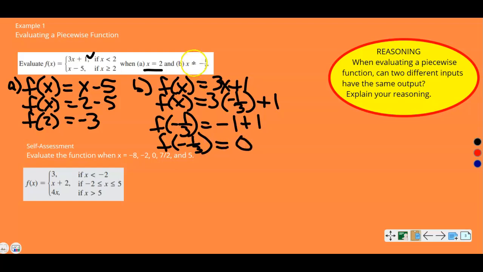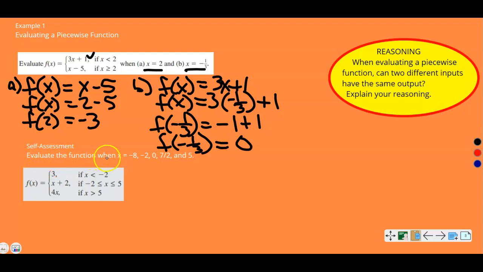All right, so again, first look at the part after the comma. This is telling you what part of the domain the function is evaluated for. And then once you figure out which function to use, you simply plug in for x and solve for y. All right, so I want you to pause the video, and it says to do a self-assessment.